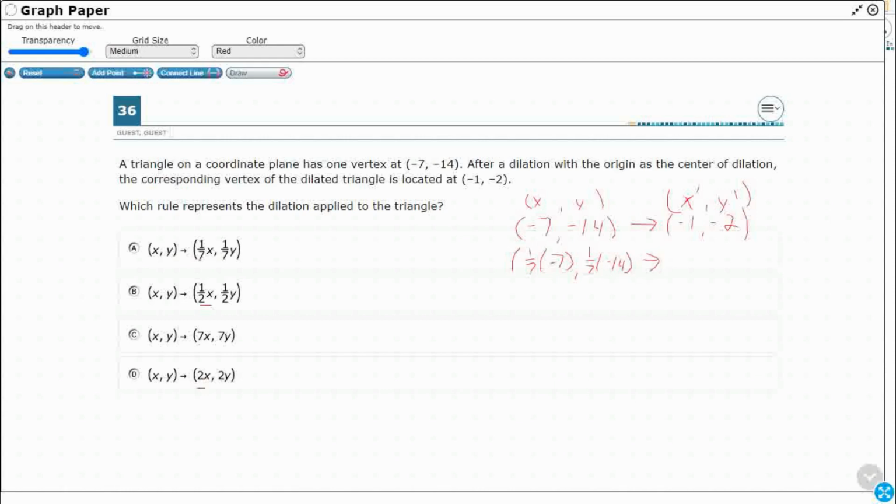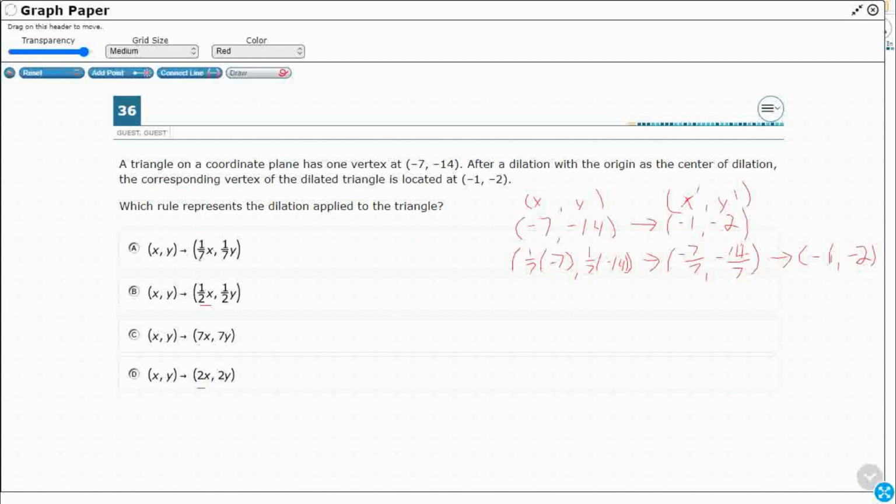That's going to be just -7 over 7, and that's going to be -14 over 7, which is going to turn into, look at that, -1, -2. So I think A is our answer.